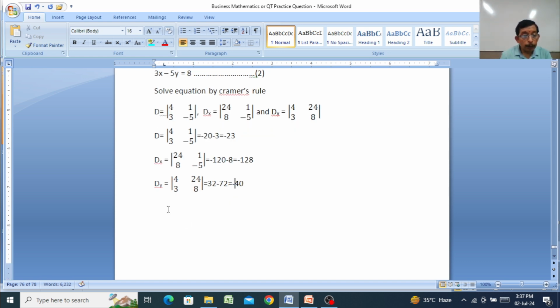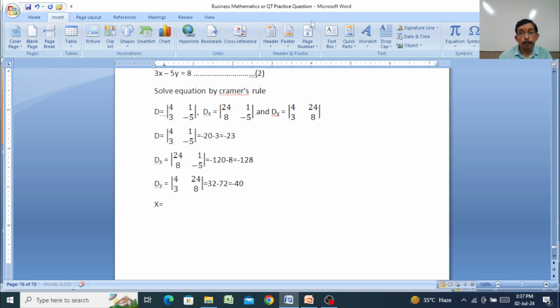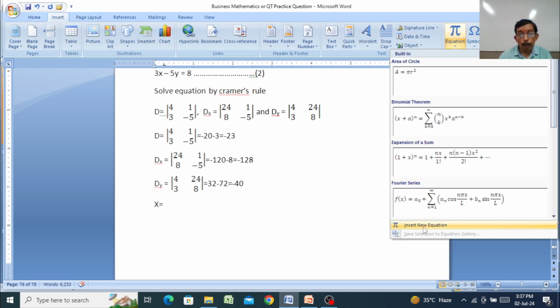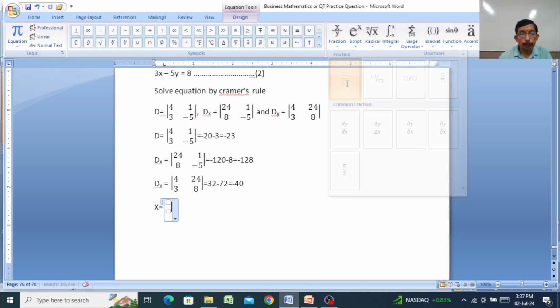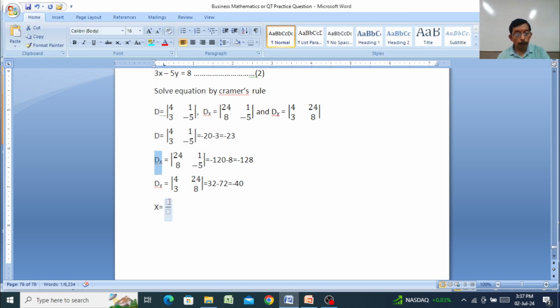Now x is equal to Dx upon D. Now put the values of Dx and D in the next step.